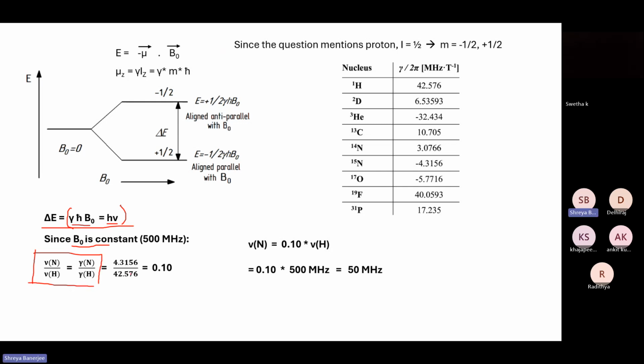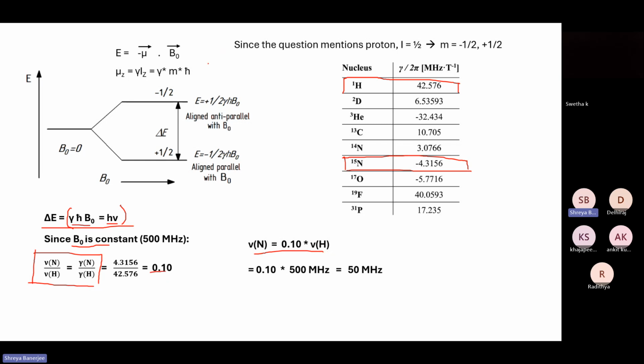So for gamma hydrogen and gamma nitrogen, if nothing is mentioned for nitrogen, you consider 15N, because 15N is the nitrogen that is used in spectroscopy. If you use these two gamma values, you will get the equation that frequency of nitrogen is 0.1 into frequency of hydrogen.